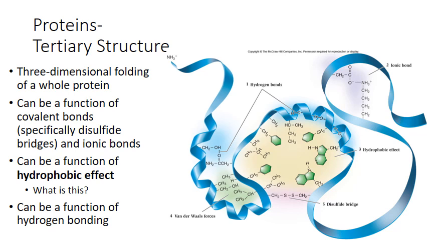You can have more hydrogen bonds. You can have what we're going to be talking about a lot, this hydrophobic effect. The hydrophobic effect is like what we see in plasma membranes, where the nonpolar tails want to stay near each other and exclude water. That's what you'll get here. All these nonpolar amino acids are going to want to keep water out and just stay close to each other, and that's going to make a structure form like that too. You can have ionic bonds between amino acids that are likely to form ions.